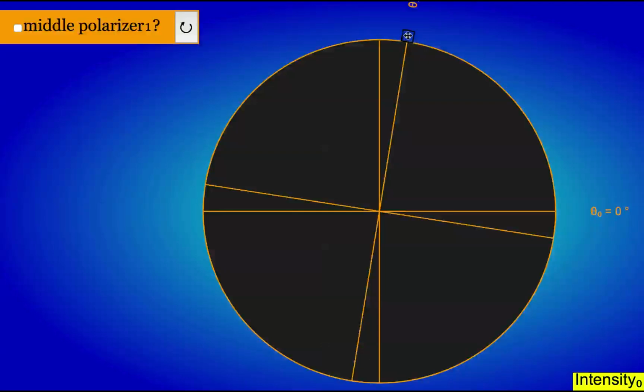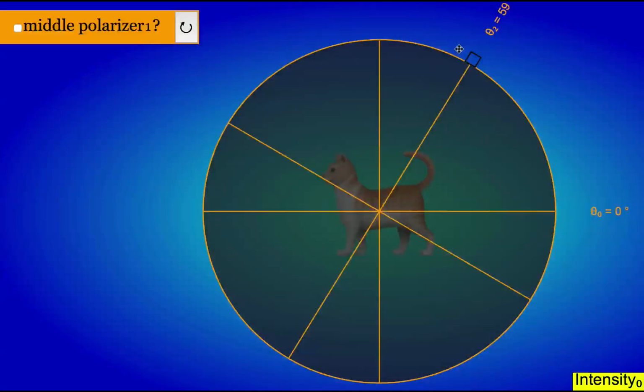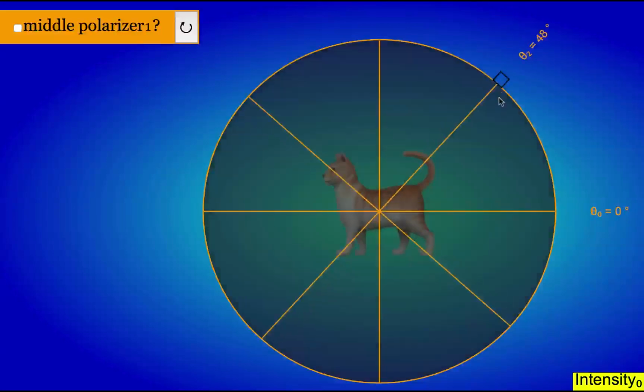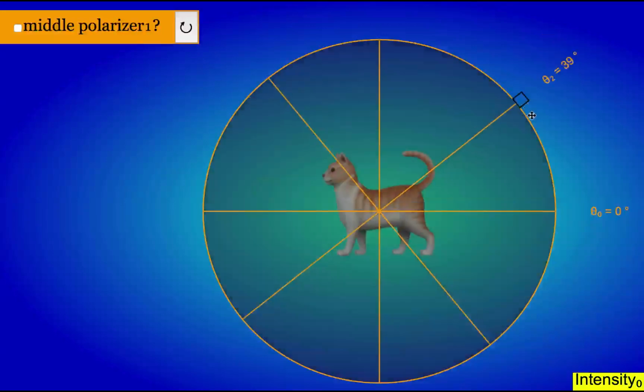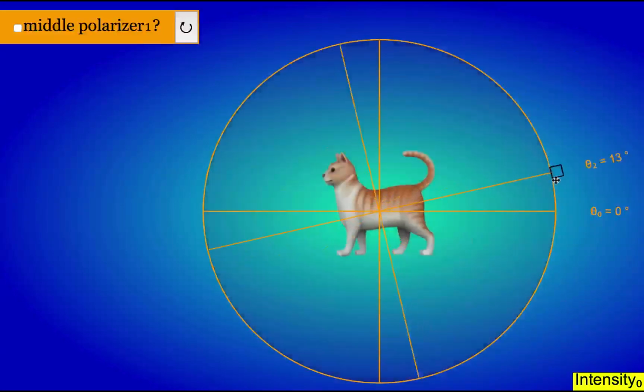But now let me rotate it. And you're seeing a cat or a dog over there. And now if I rotate it more and more, all the electric field is coming through.